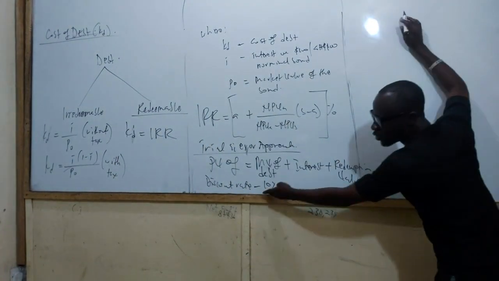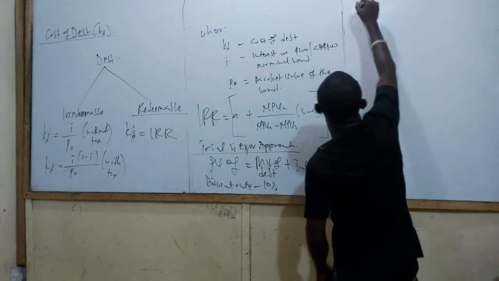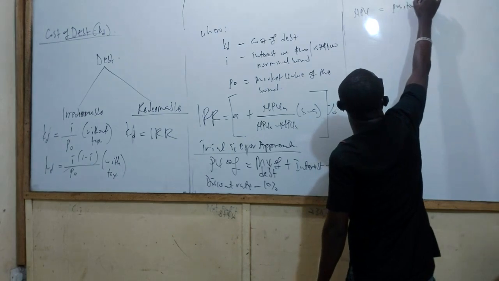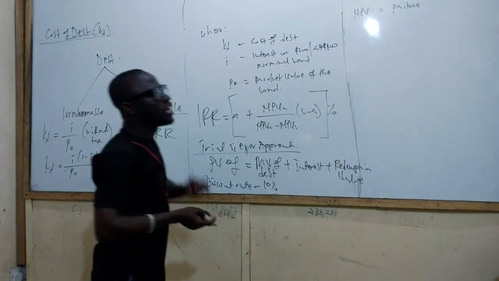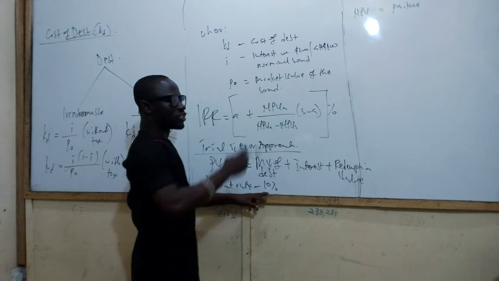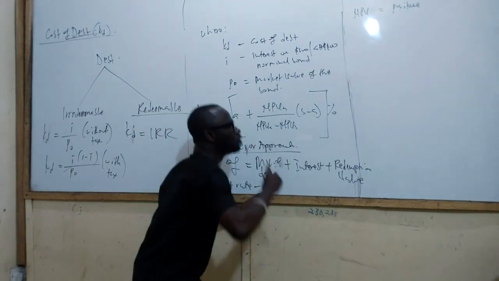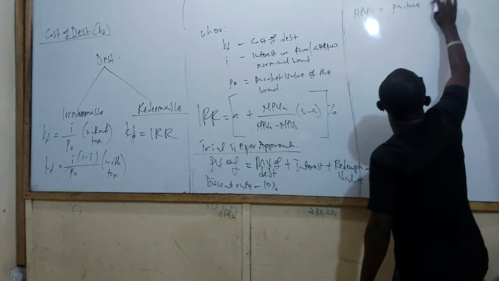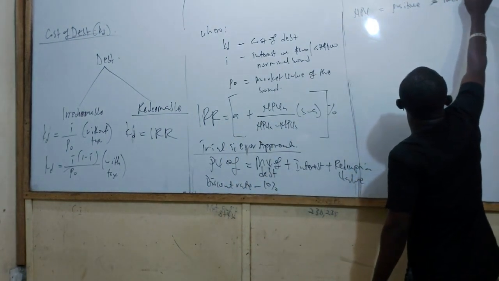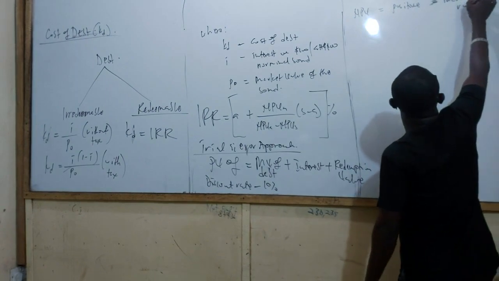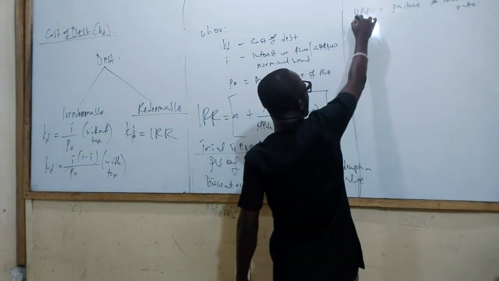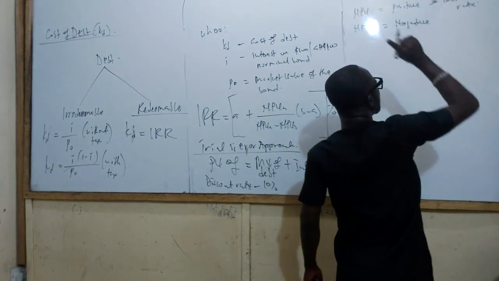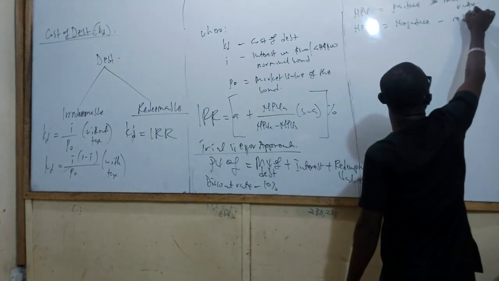Note that if you start with 10% and your first NPV is positive, then it means your discount rate was too small, so you increase the rate. But when you do the first one and your NPV is negative, it means your discount rate was too high, so you reduce it.